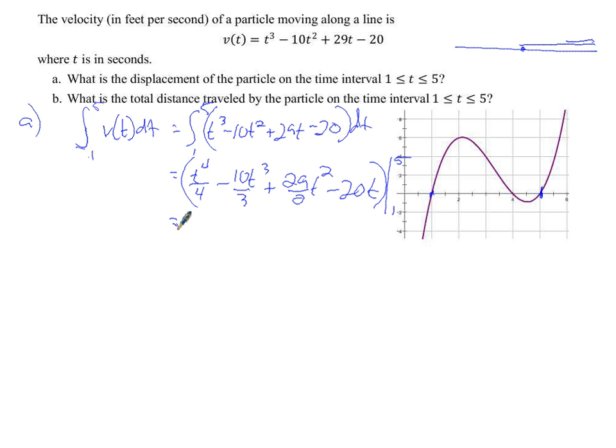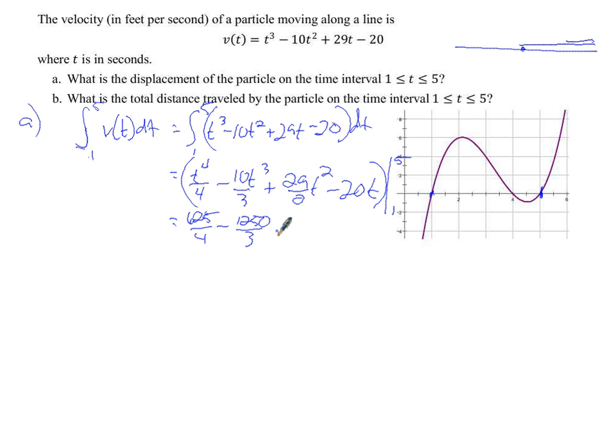So plug all those numbers in. What is 5 to the fourth? 625 over 4. Then 125 times 10 over 3. Hopefully this is the sort of problem that you can use your calculator on.